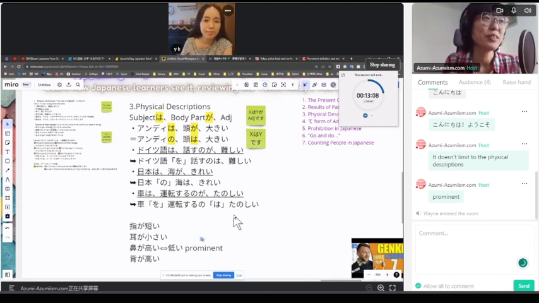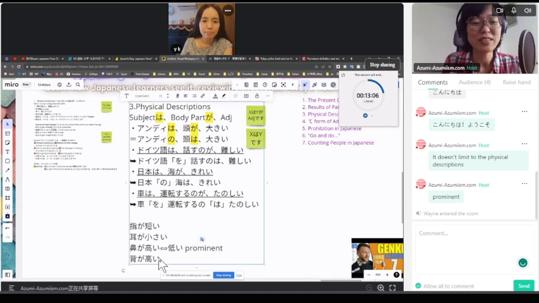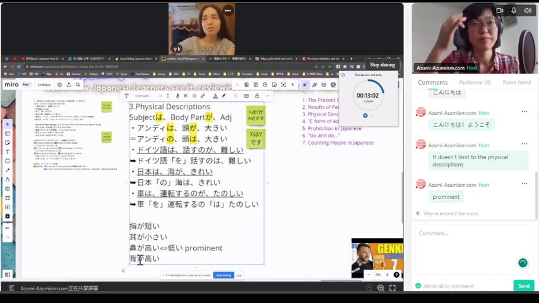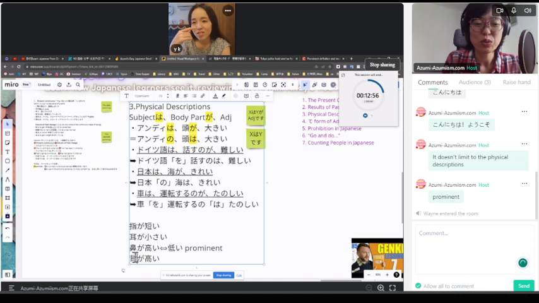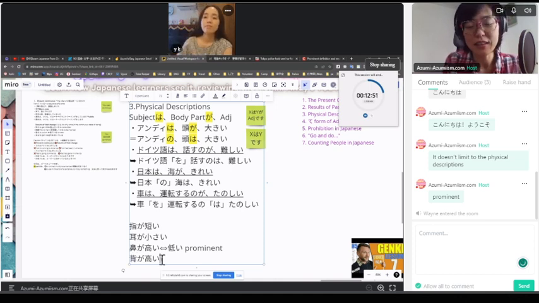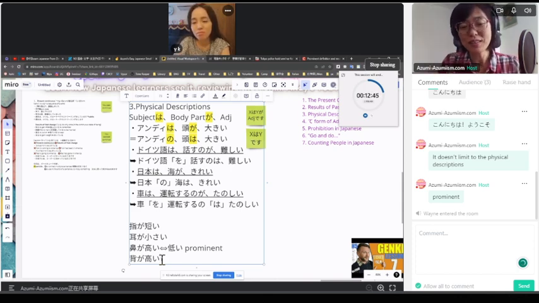But also, 背が高い、低い. 背、何ですか？How tall you are. 背を使います。背が高い。あずみさんは背が高いですか？Instead of saying あずみさんの背は高いですか？あずみさんは背が高いですか？It's like the wa particle is always a cushion.